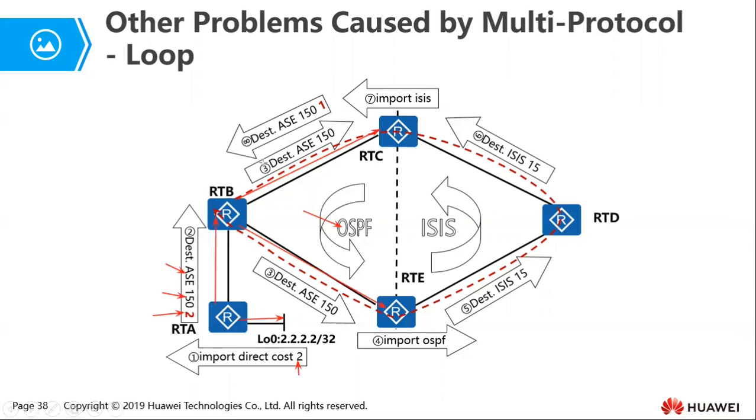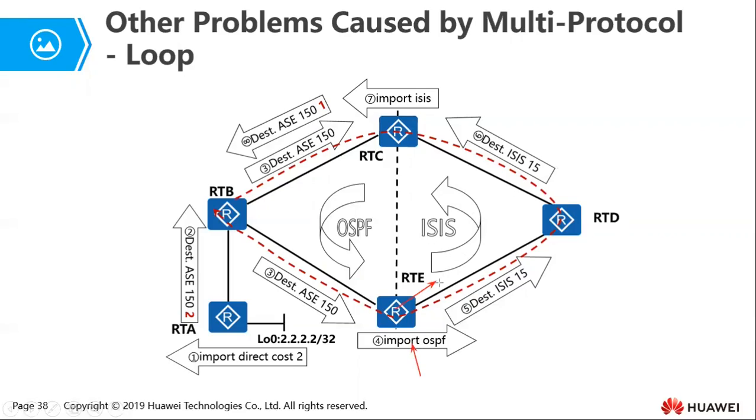Okay, so let's look at number 4. At number 4 here, RTE is going to advertise that route from OSPF into ISIS. So that's what we're doing here, importing OSPF into ISIS.